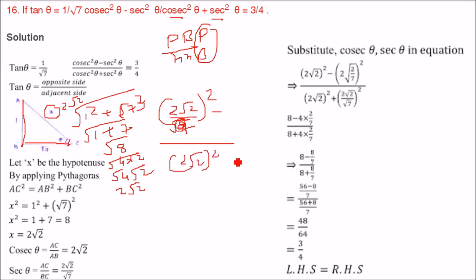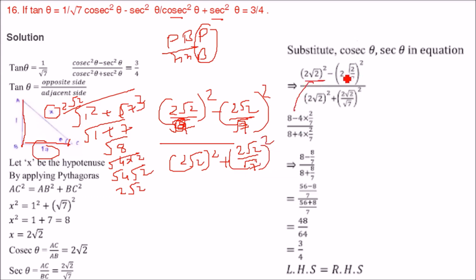Now here you have plus sec square theta. What is sec? Sec is hypotenuse by base. What is hypotenuse? 2 root 2. What is base? Root 7. 2 root 2 by root 7 whole square.